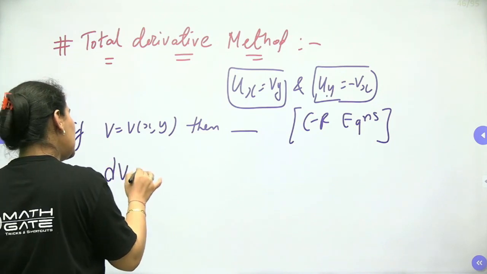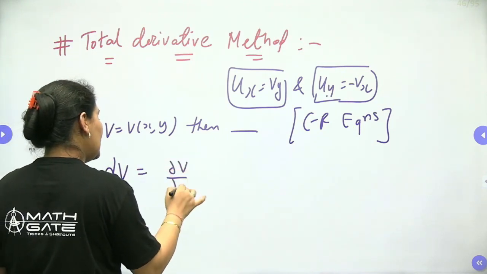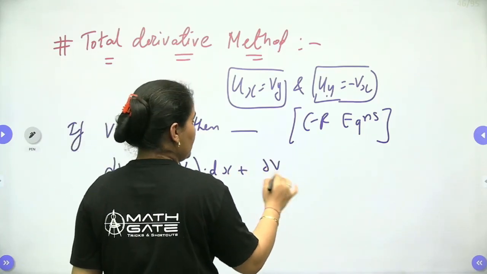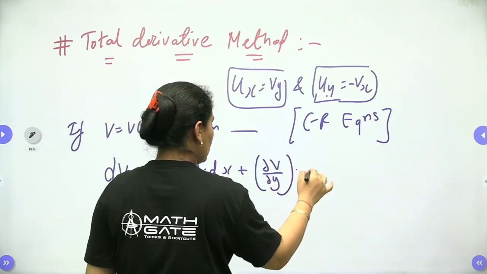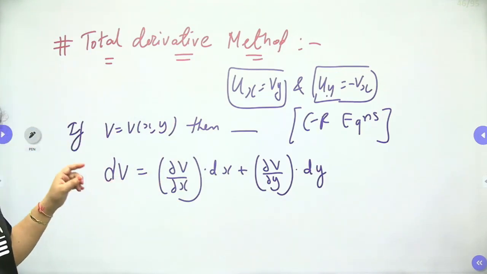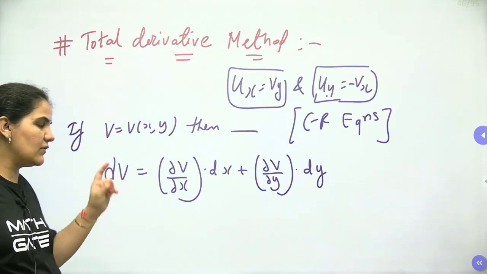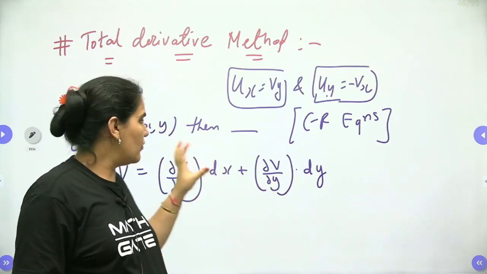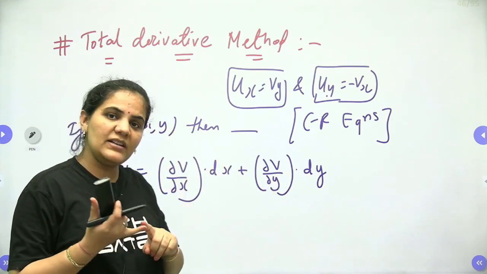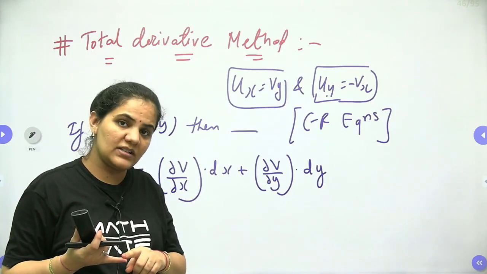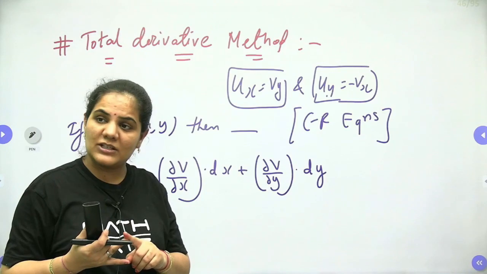Then dv = (∂v/∂x) dx + (∂v/∂y) dy, right? When we have v, we approach from here: dv = ∂v/∂x dx + ∂v/∂y dy. So from v we can find the partial derivative of v with respect to x and the partial derivative of v with respect to y.